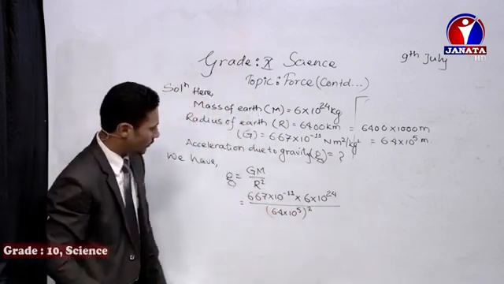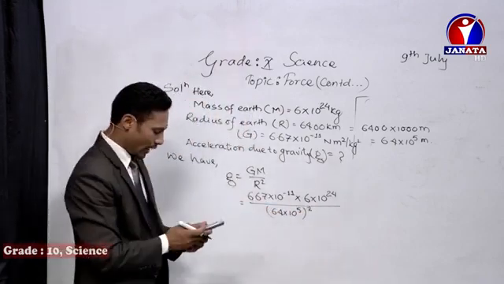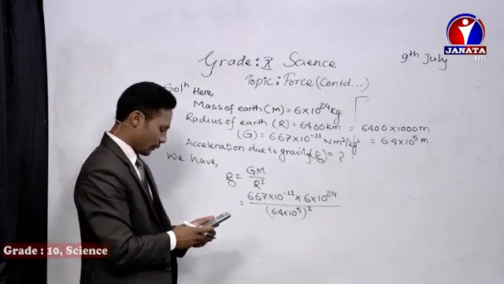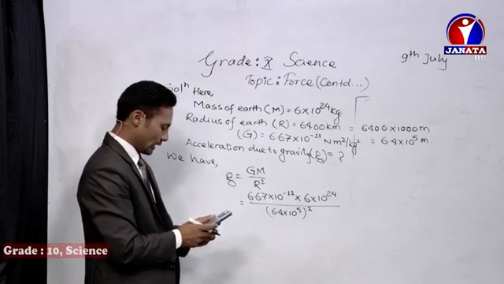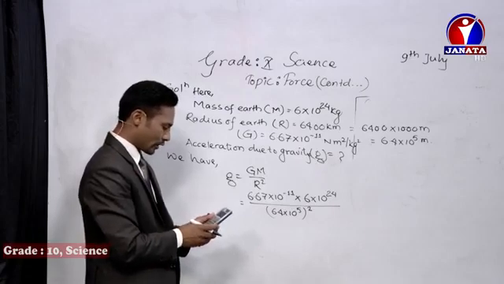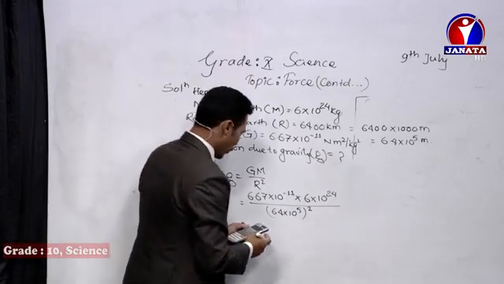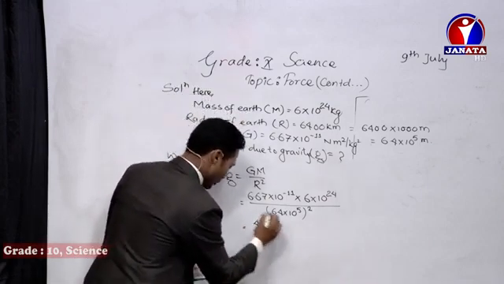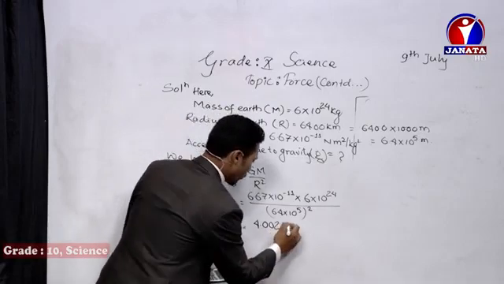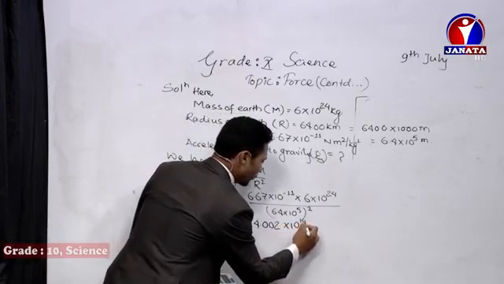So let's solve this one. The upper part is 6.67 into 10 to the power minus 11 into 6 into 10 to the power 24. It gives 4.002 into 10 to the power 14.